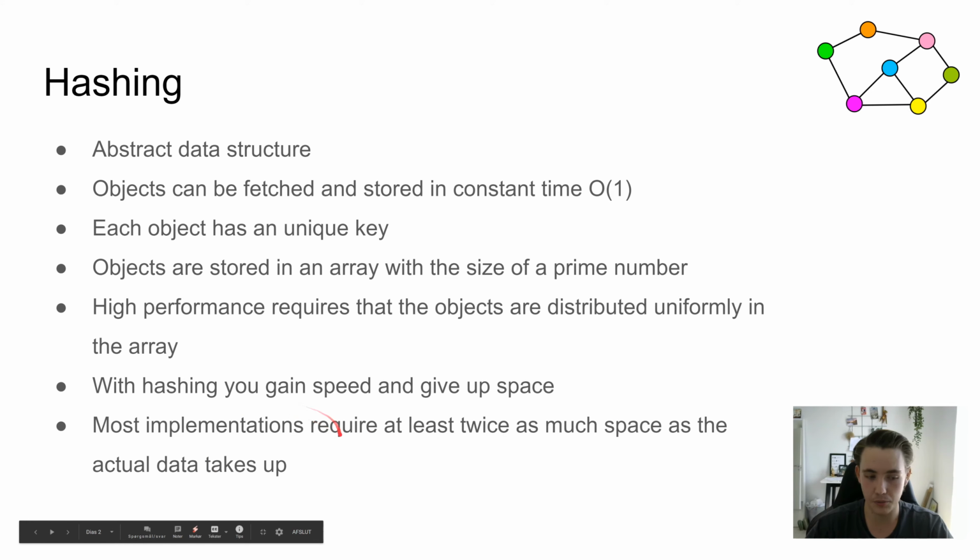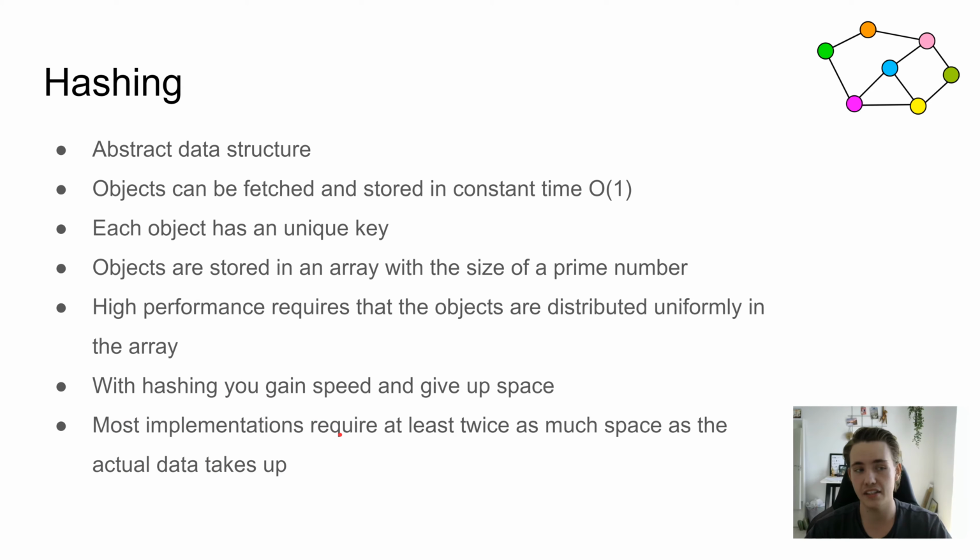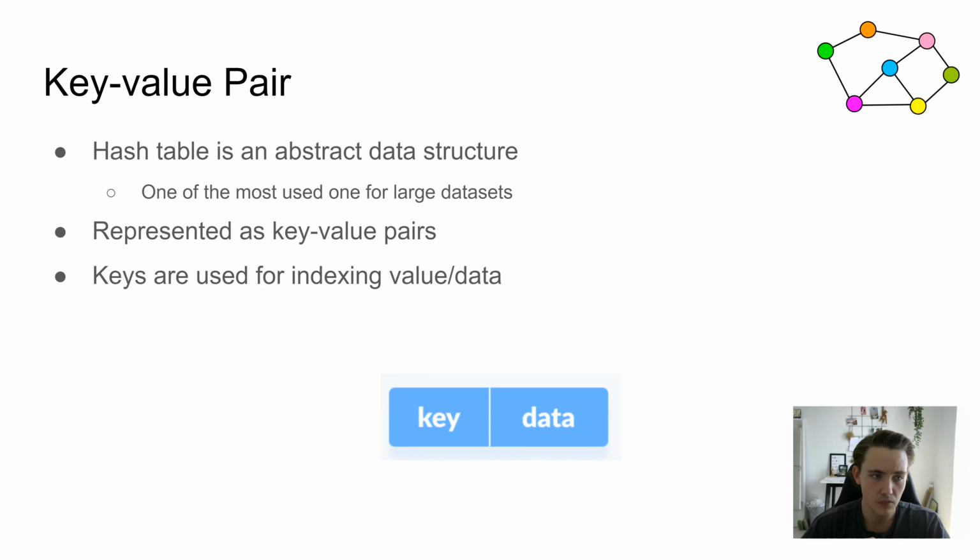As I wrote down here, most implementations of hash tables require at least twice as much space as the actual data takes up. So we give up space, but we gain a lot of speed for a program, which is better for more normal applications and computers. We just want speed and we don't really care that much about space anymore.